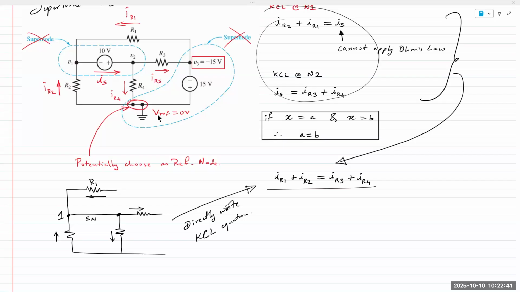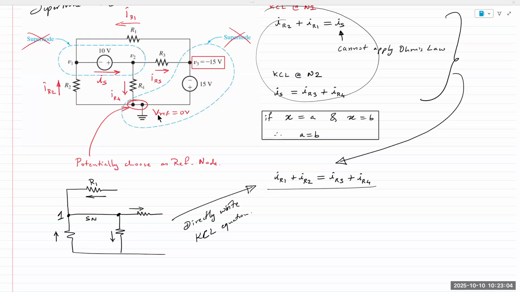V1 and V2 are the same. Yeah. But you would still, no, V2 is still, so okay, I understand your question now. So the question being asked is, now that V1 and V2 are the same, does it change anything when I write my equations? The answer is yes and no.